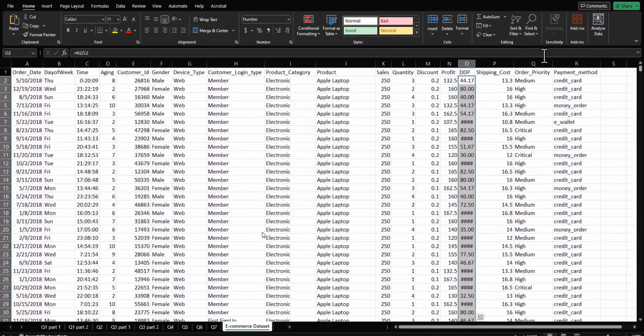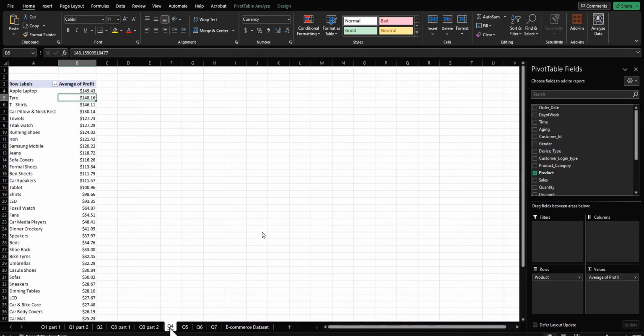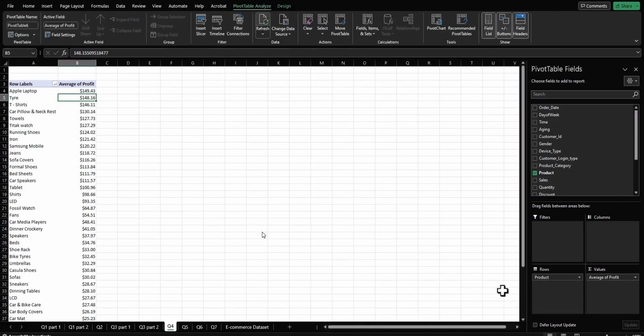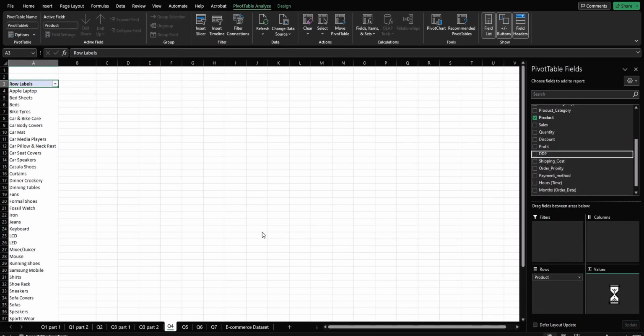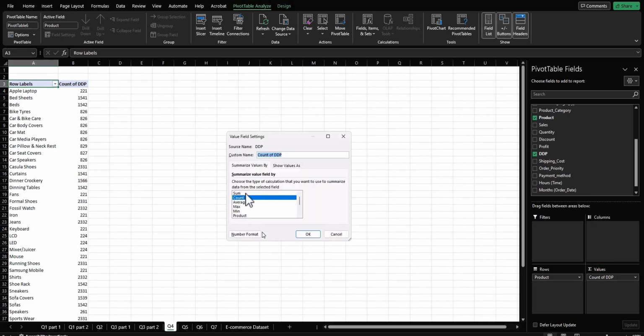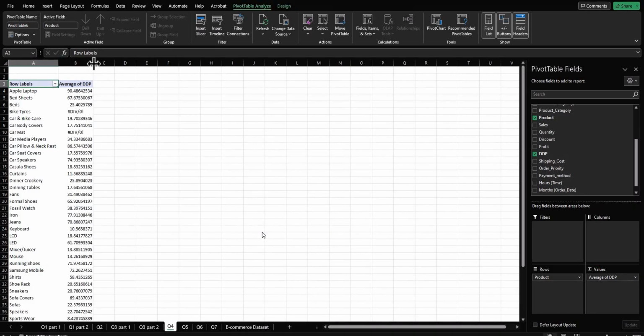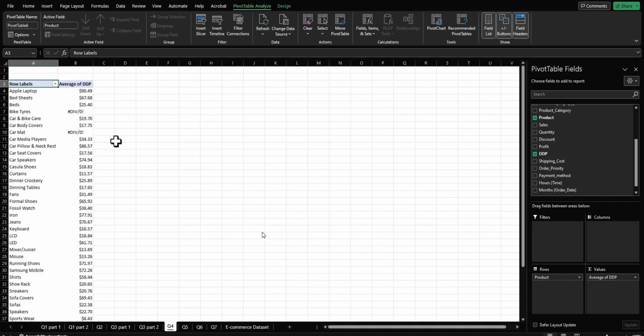So we can take a look at that. If we try that instead, let me go here and refresh this. Drop out profit and instead put in DDP. Not counter DDP, average DDP. Oh, interesting.